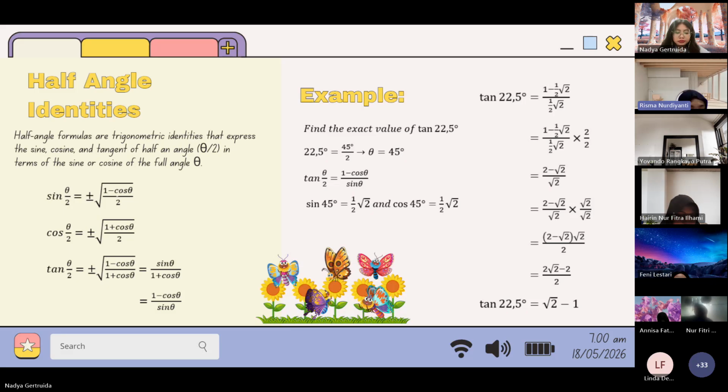Using the identity tangent theta over 2 equals 1 minus cosine theta over sin theta. Now, substitute the values of sine 45 degrees and cosine 45 degrees. Both values equal a half times the square root of 2.